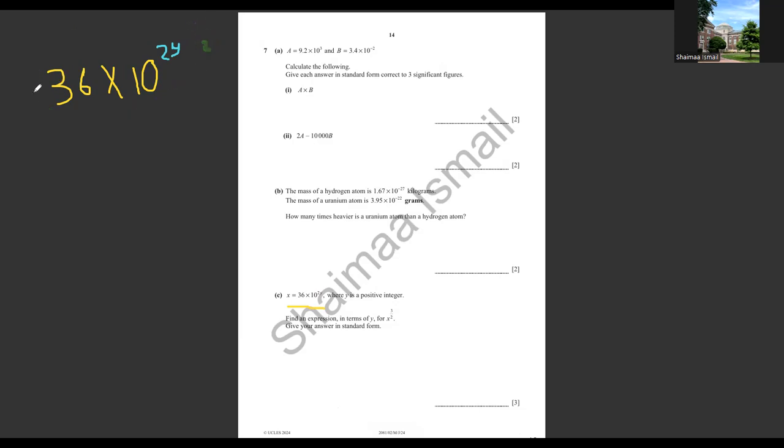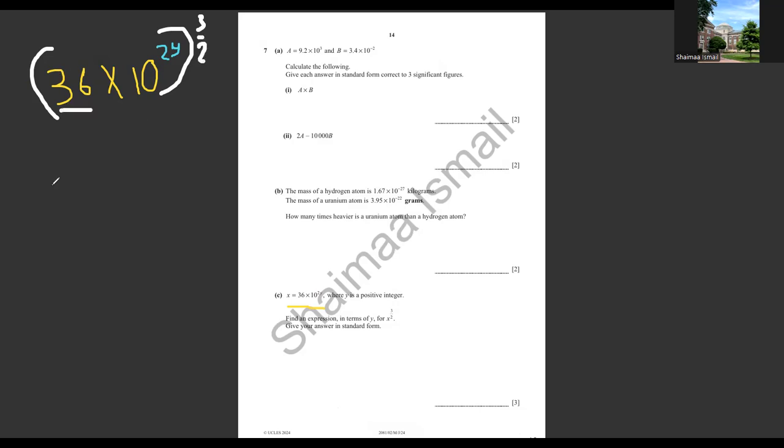Same. So we protect it with a bracket and say this is all to the power 3 over 2. So we solve it the same way.